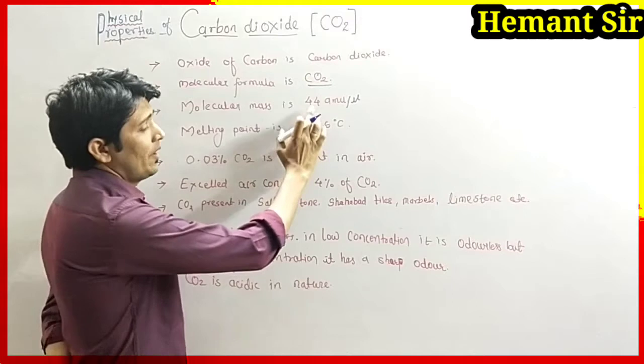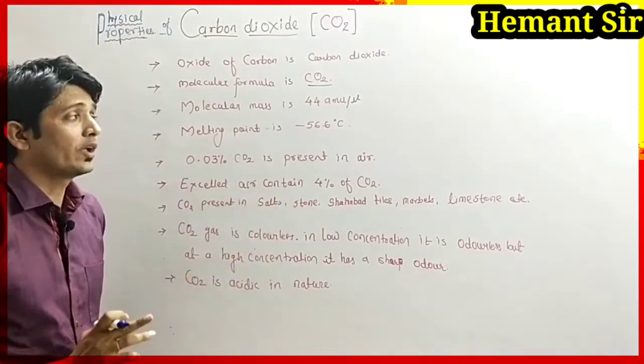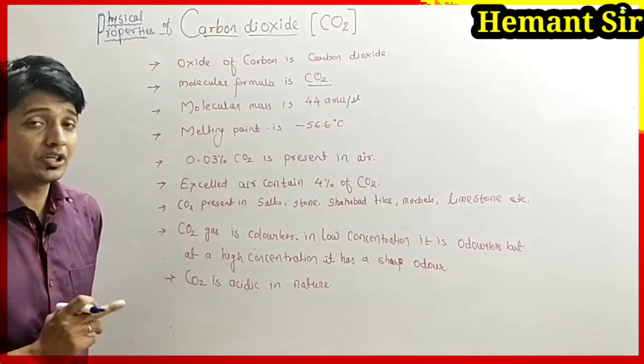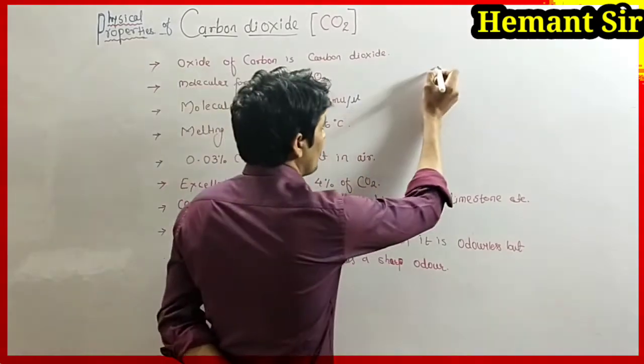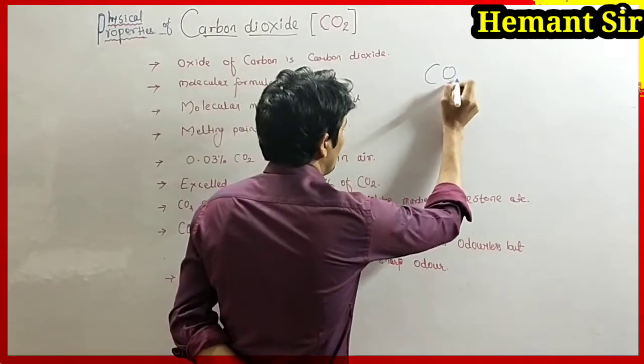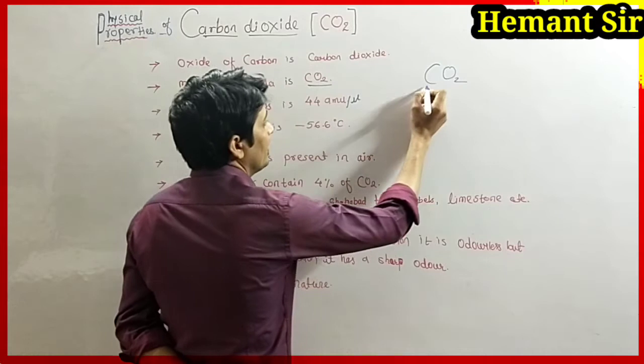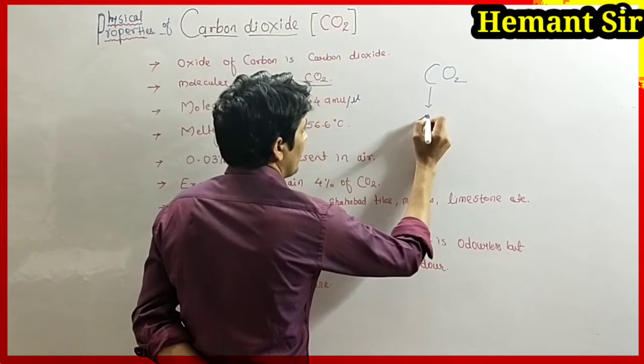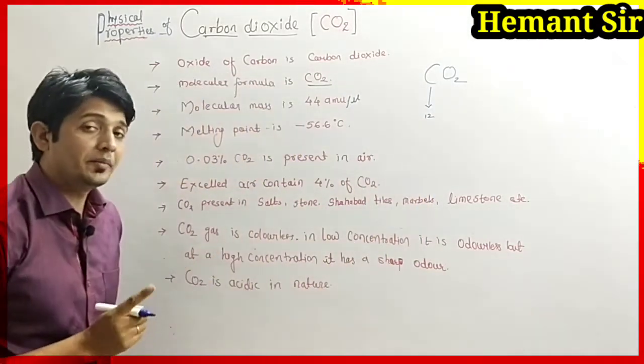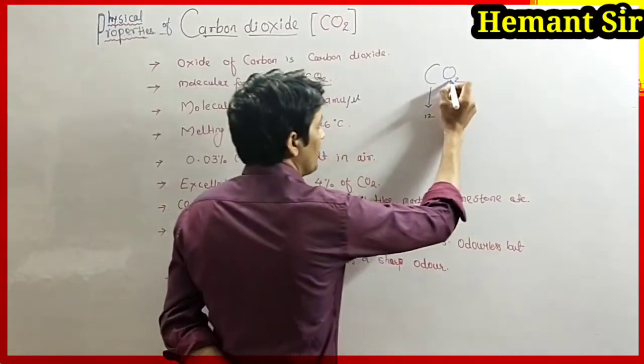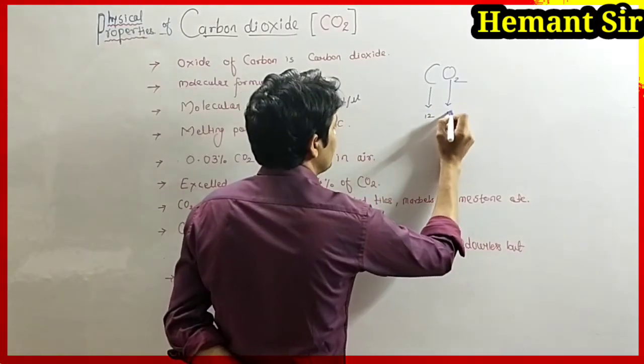So how have we calculated the 44 AMU of carbon dioxide? We know the formula of carbon dioxide is CO2. The mass of a carbon atom is 12 and the mass of an oxygen atom is 16.